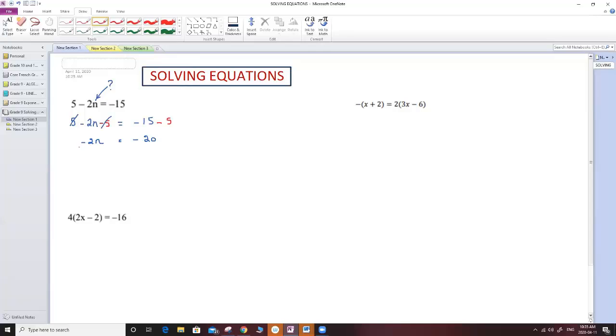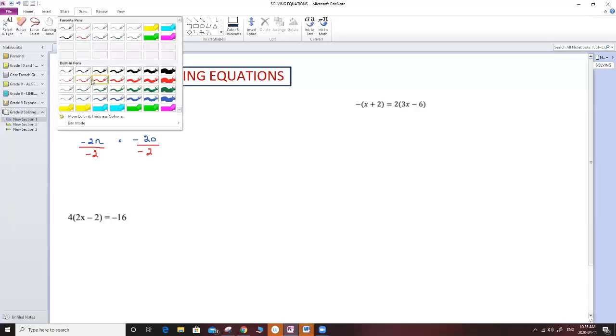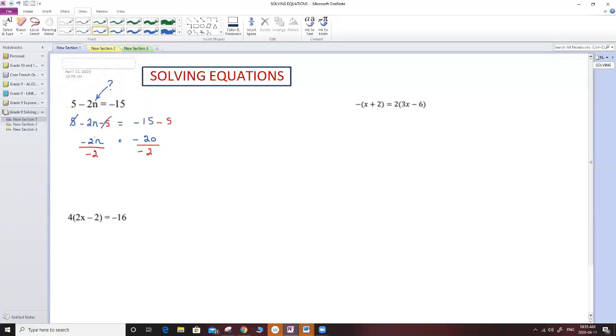So I need to divide by negative 2, because when I have negative 2 here, I can simplify the negative 2 with negative 2. But whatever I did on the left side, I have to do on the right side to keep the balance of the equation. And I can continue after that to say that negative 2 can be simplified with negative 2. So I'm going to stay only with n, and this is my goal, to isolate n. And negative 20 over negative 2 will be positive 10.